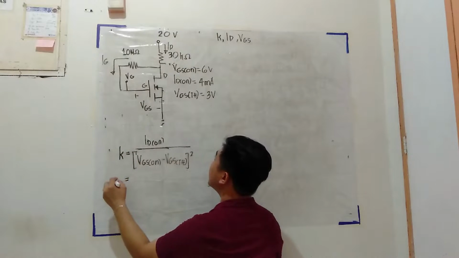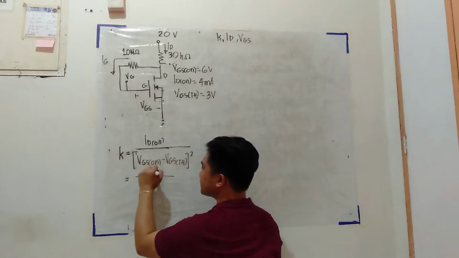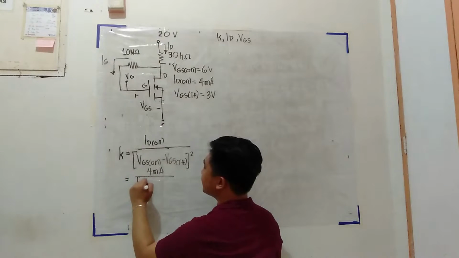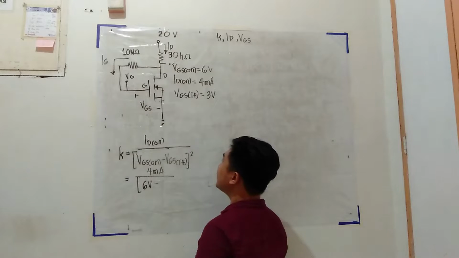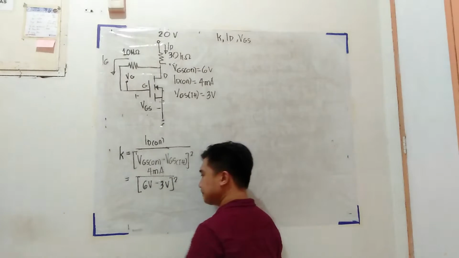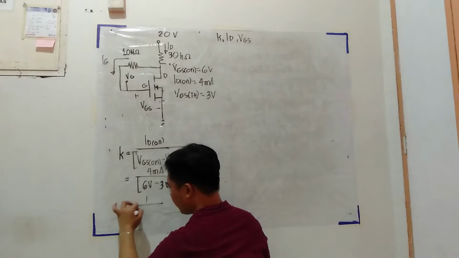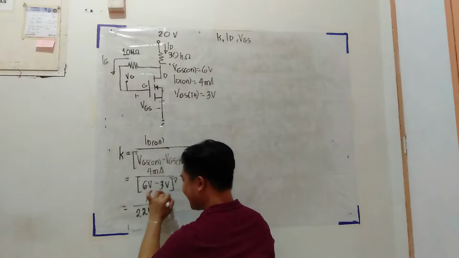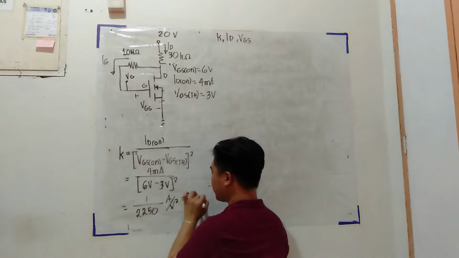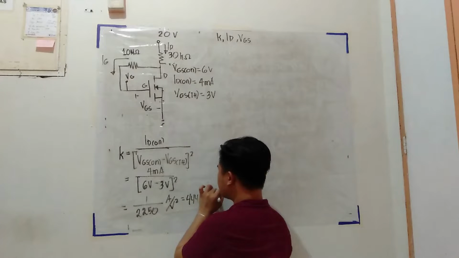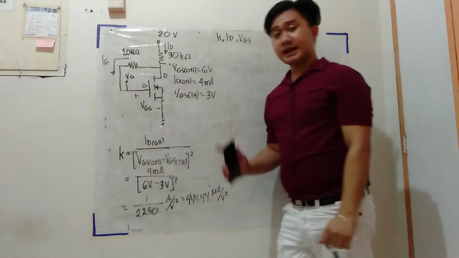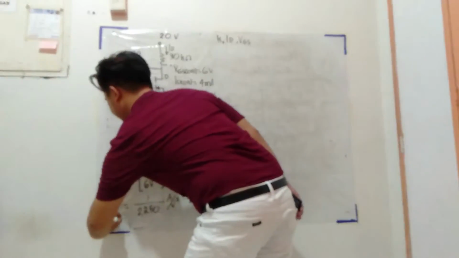So your ID on is equal to 4 milliamperes. Your VGS on is equal to 6 volts. And then your VGS TH is 3 volts. Do not forget, naka-square po yan. And this is equal to 1 over 2,250 ampere per volt squared, or simply 444.44 microampere per volt squared. So, meron na tayong ngayong value ng K.